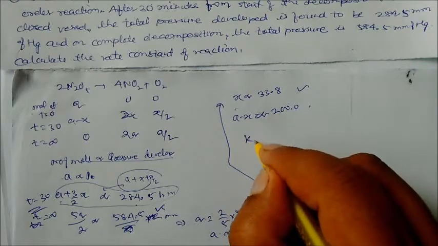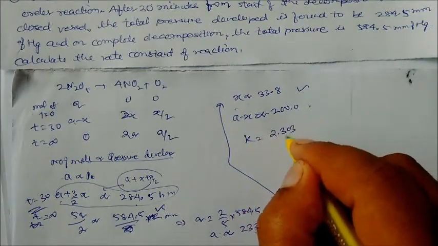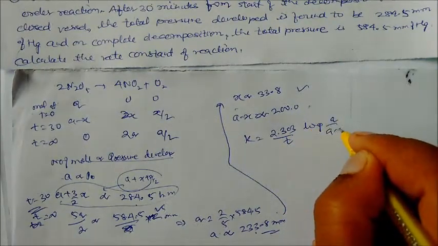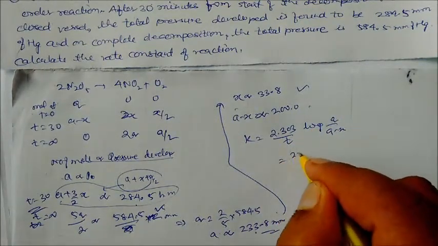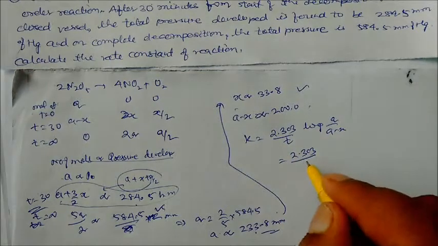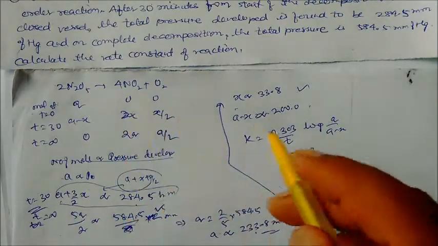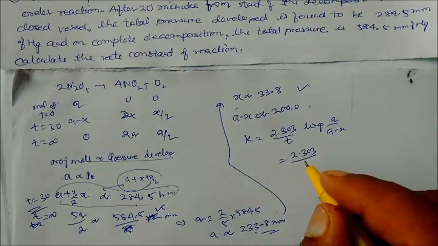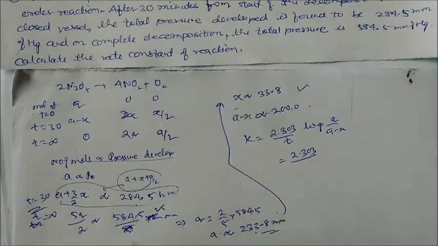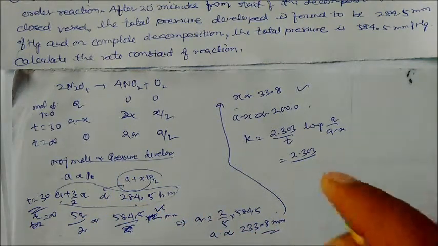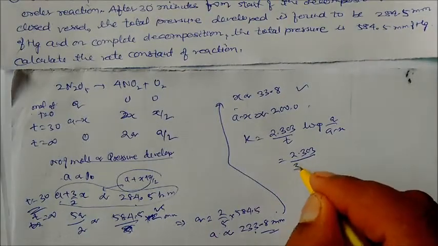Now we can put this value, k is equal to 2.303 divided by t and log of a by a minus x. So we can put that value 2.303 and time is already given. So calculate the rate constant of the reactions. So this is 30.